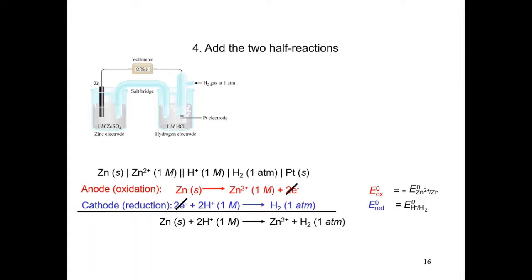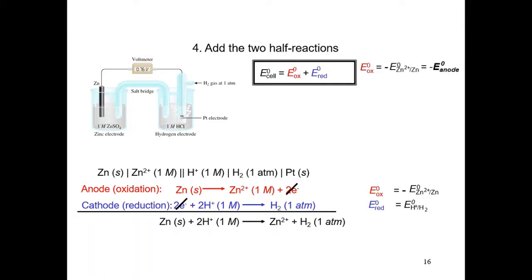Now, because we're adding the two half reactions, therefore the potential of the cell would be the potential of both electrodes. We have something that we've called the potential for oxidation of the anode and the potential for reduction of the cathode. But remember that what we've called the quote-unquote oxidation potential is actually the negative of the reduction potential for zinc ions.